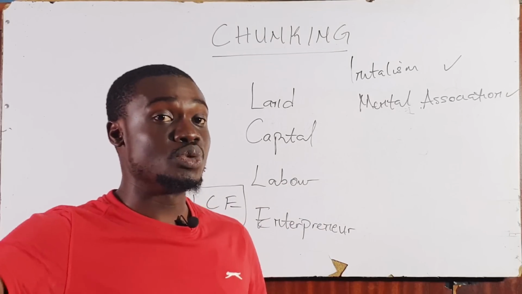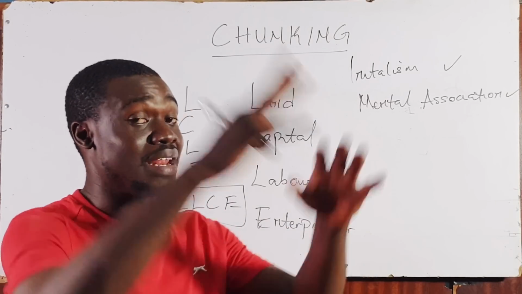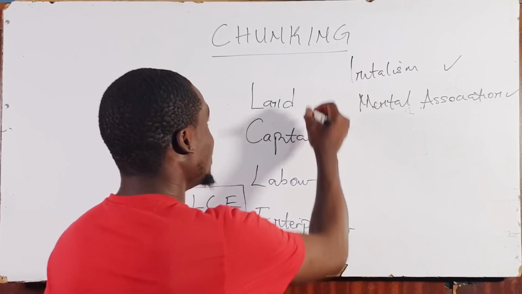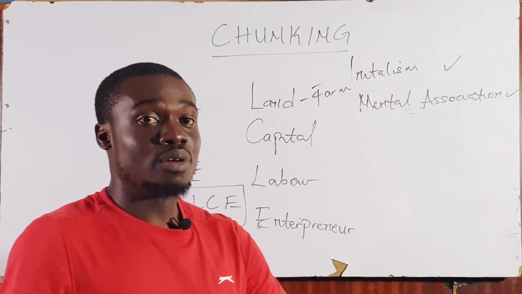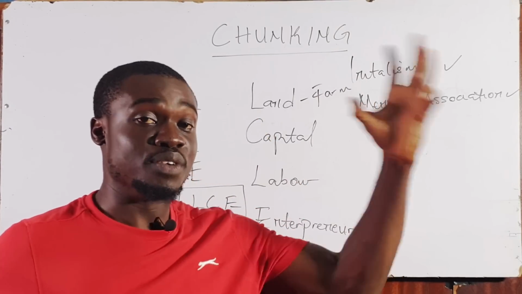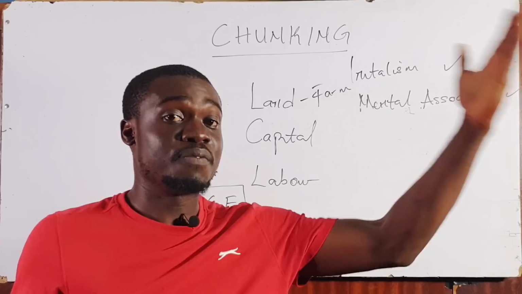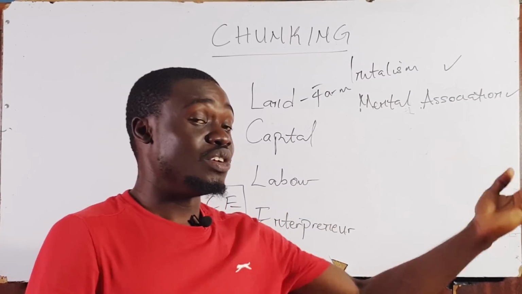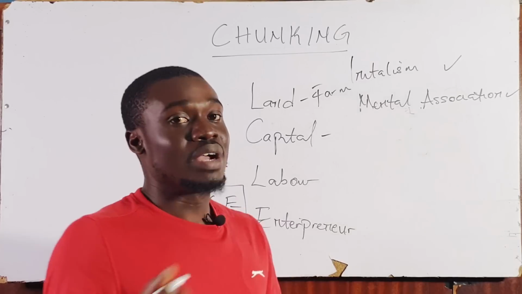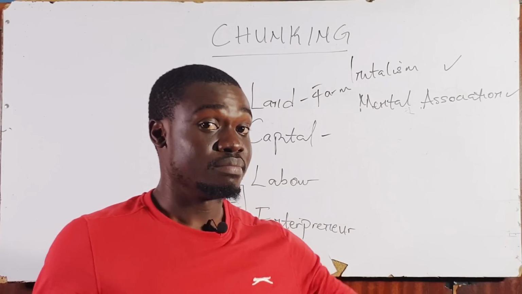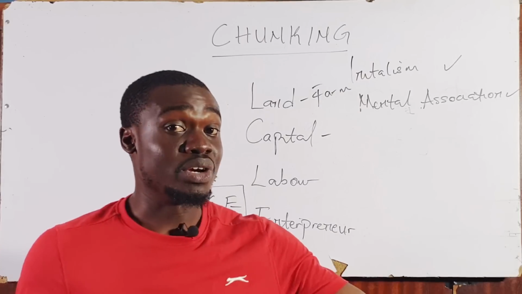You can link it to farm in your brain, or a large piece of land that you have. Farm, you already know farm. You have this mental association, this virtual sense that, okay, farm, you have a picture in your brain, then you link it to the word itself. You have capital, you can link it to machines, which is something you already know before.